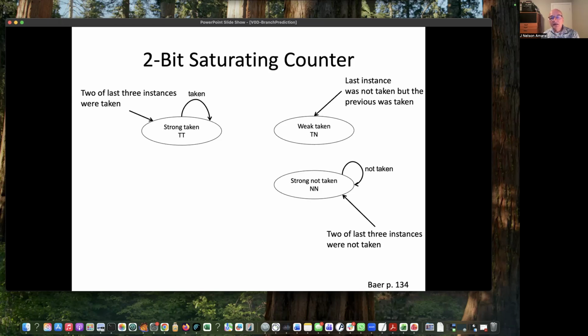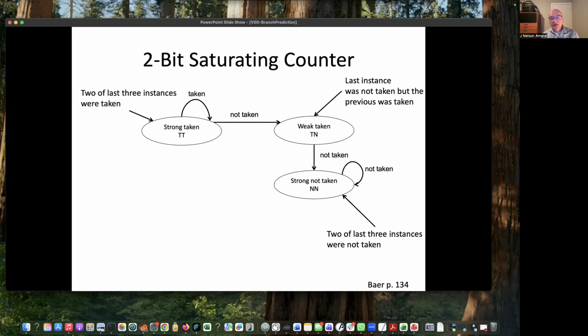So this says that the last instance was not taken, but the previous instance was taken. So how do I get into that state? If I'm in the strong taken state, where I have a strong belief that the branch should be taken, and the branch is not taken, then I move to the weak taken state. So I still will predict the branch as taken, but my confidence that I should make this prediction is not as high as it was before.